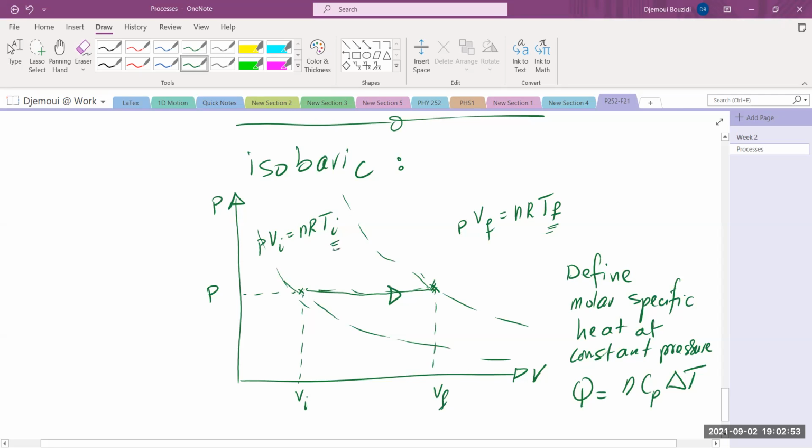I can find what the T initial is. If I know what my volumes are, from here I can find what delta T is. And since that's the case, then I can use this definition for CP, and from here I have the heat. So this is the heat.